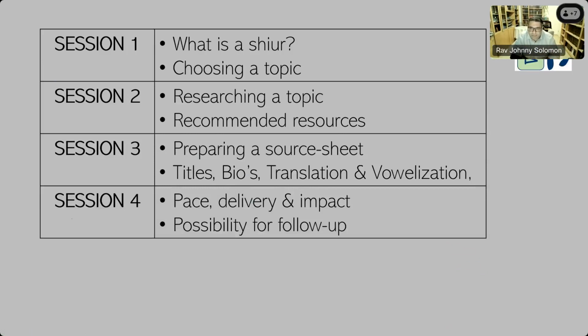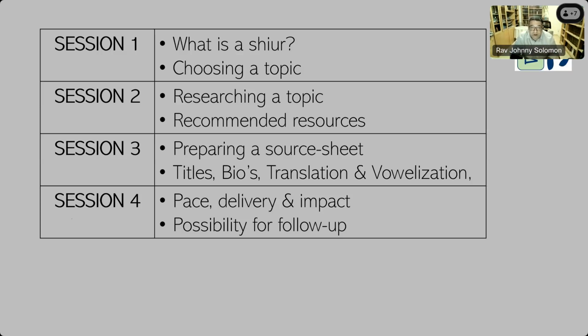And oftentimes people assume that a shiur needs to be accompanied by a shiur source sheet. Now, let's be perfectly clear. In principle, I'm really delivering a workshop here. But I could be delivering a shiur, and instead of doing a source sheet in the classic sense of the word, I would be using a PowerPoint like I'm using now.